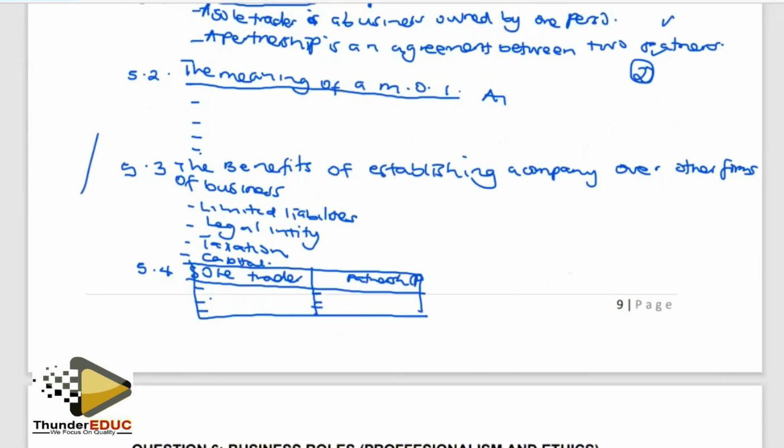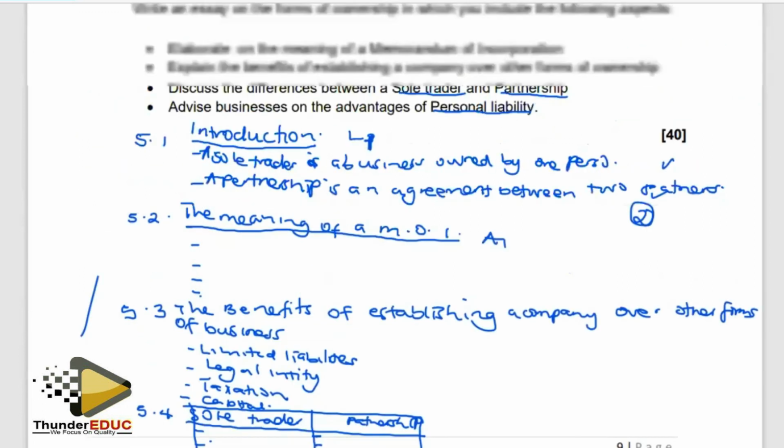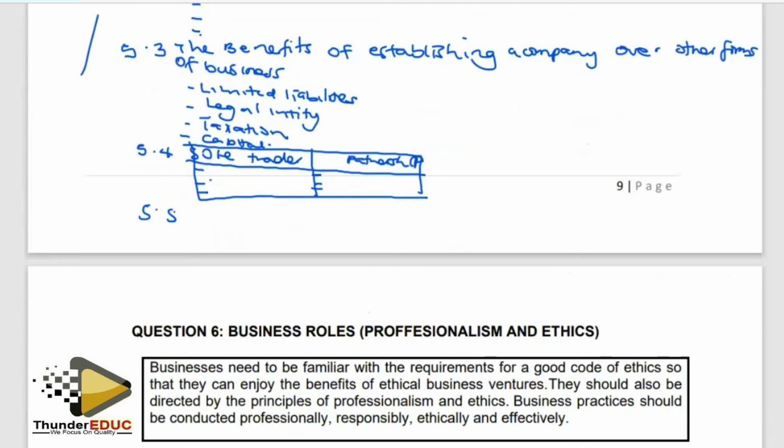Another question is question number 5, heading 5.5, which talks about advantages of personal liability companies.